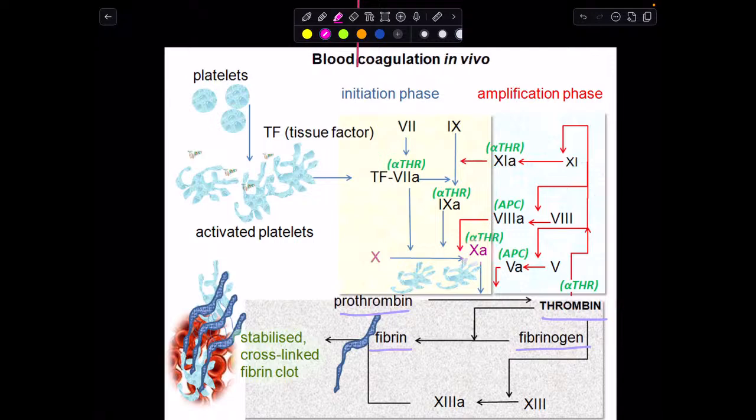What in the structure of 10 makes it good for its role? Great question. Factor 10 is crucial because its active form, factor 10A, is a key enzyme in converting prothrombin to thrombin. Its structure allows it to interact efficiently with other coagulation factors, making it central to the clotting cascade.